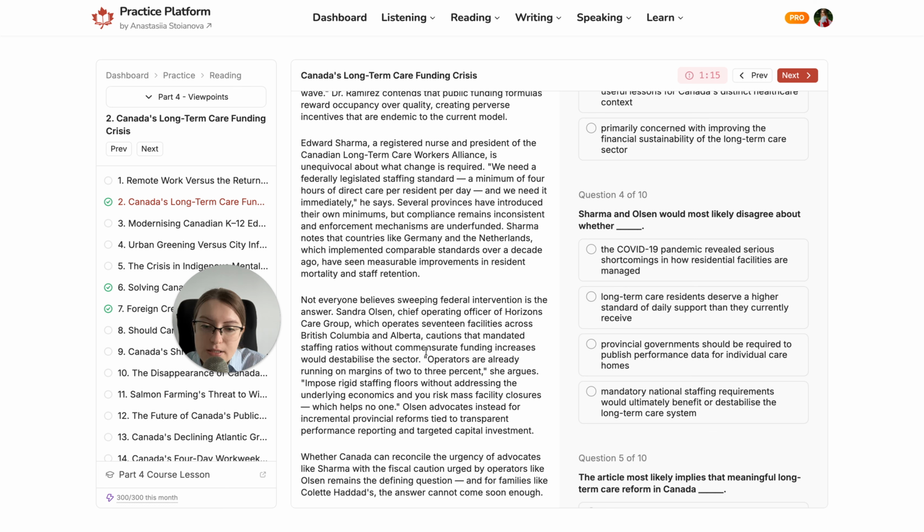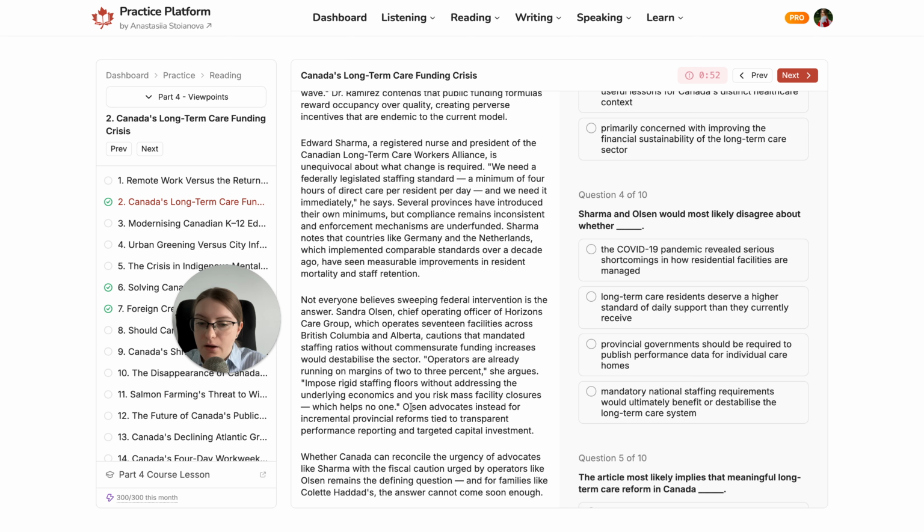So in this case, you see that Olsen says that operators are already running on margins of 2-3%, impose rigid staffing floors without addressing the underlying economics, and you risk mass facility closures, which helps no one.